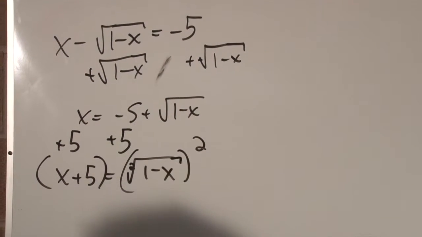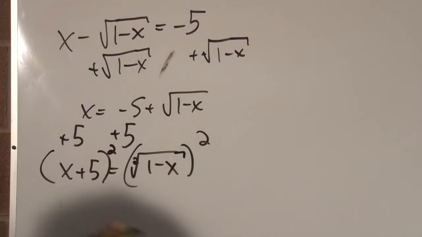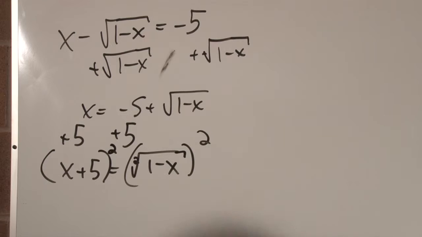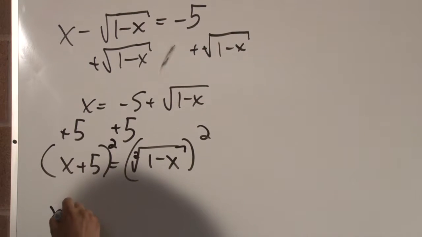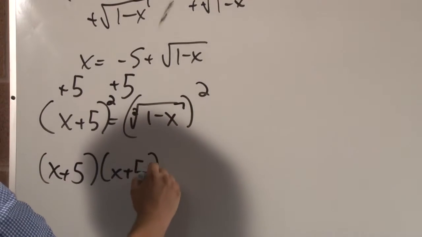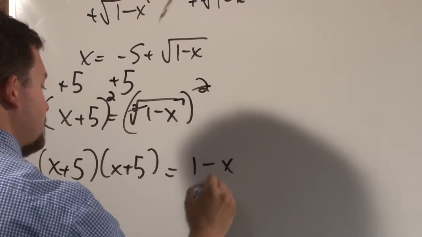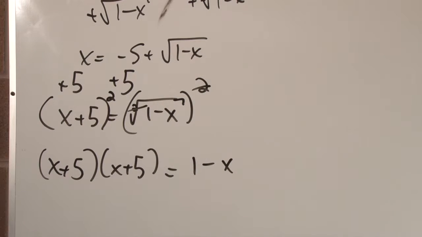Remember that canceling really means that they're multiplying to 1. And if I have to do it to the right, I have to do it to the left. It's a property of equality. So I'll have x plus 5 times x plus 5. And as I said, those kind of cancel, so we have 1 minus x. And now we at least got rid of the radicals, so we're in better shape.